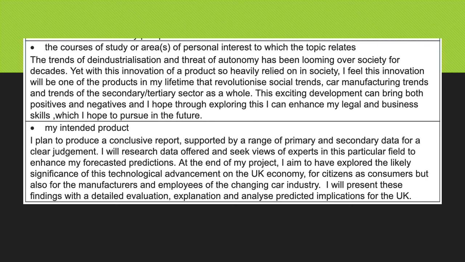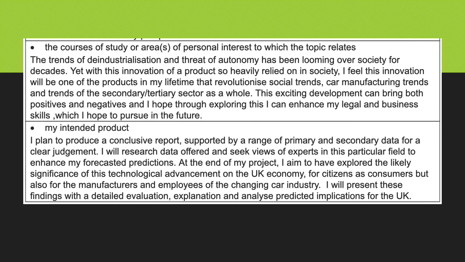And she's thinking already about the positives and negatives, so she's evaluating what this will mean through exploring legal and business skills, which is what this particular candidate wanted to go on and study at university. They wanted to go on and study business and law.